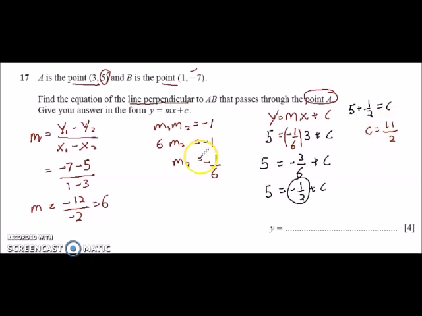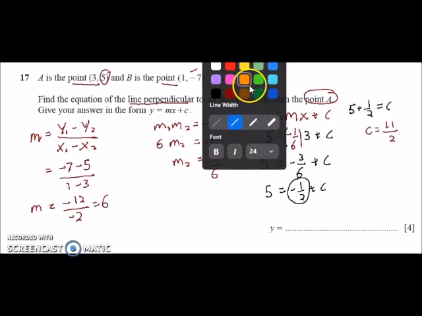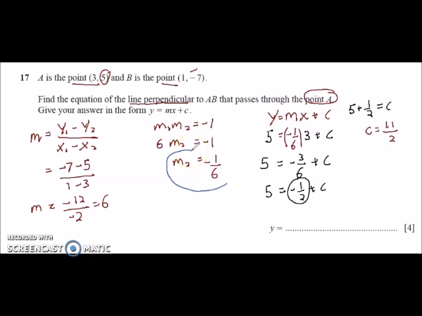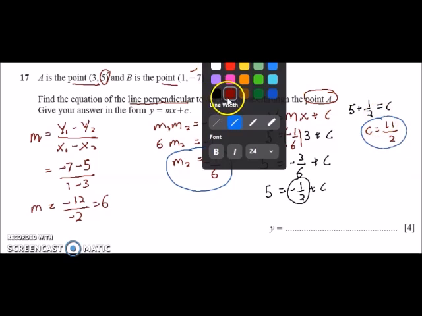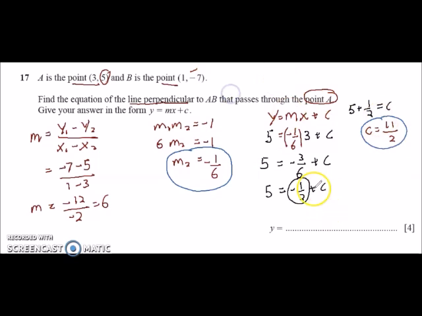So we managed to get the m and also the c, and we successfully found the equation of this perpendicular line, which is y equals negative 1 over 6x plus 11 over 2. This is for 4 marks, and this is your answer. Okay, now we will go to the next question.